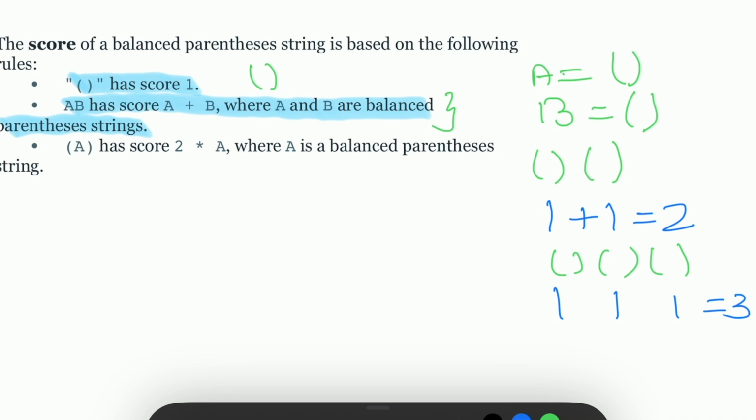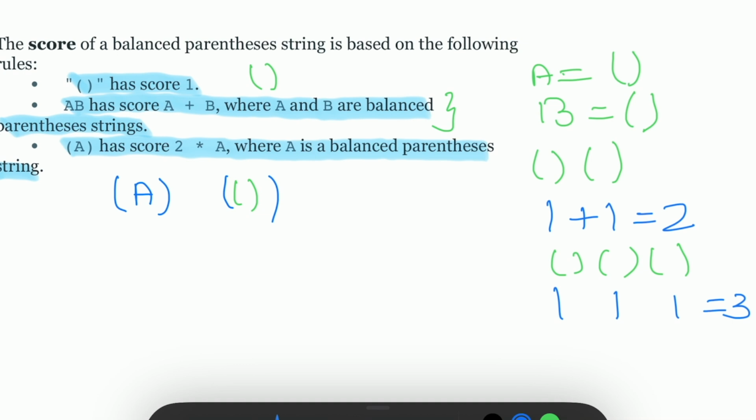Rule 3 is really crafty. A has score 2 times A, where A is a balanced parenthesis string. Nested parenthesis is this one, where A is balanced parenthesis. So rule 3 is originally for nested parenthesis.